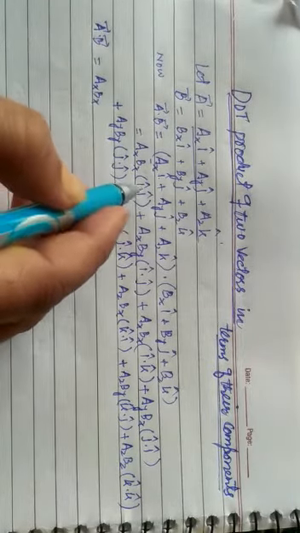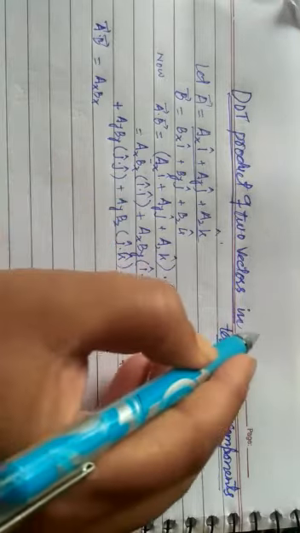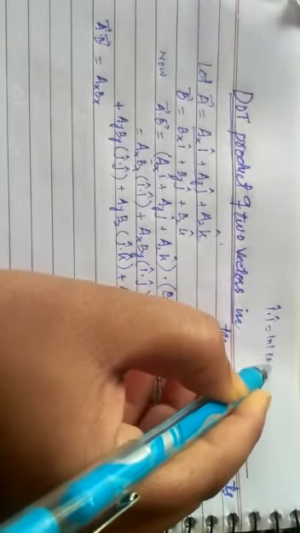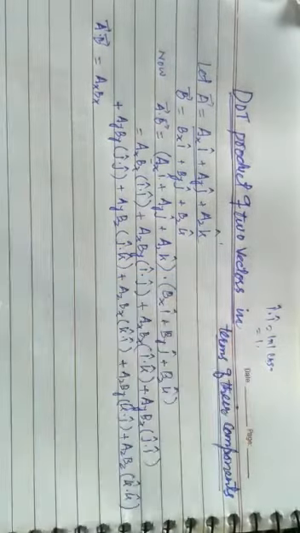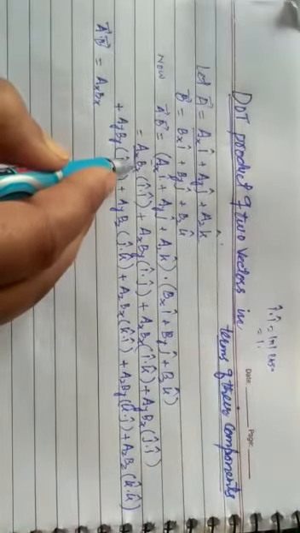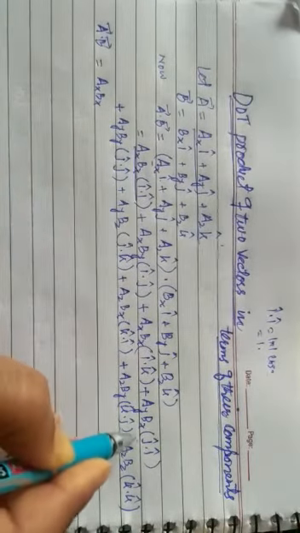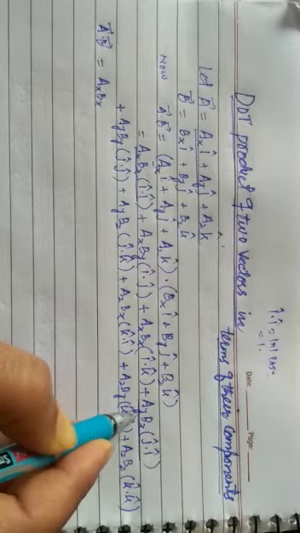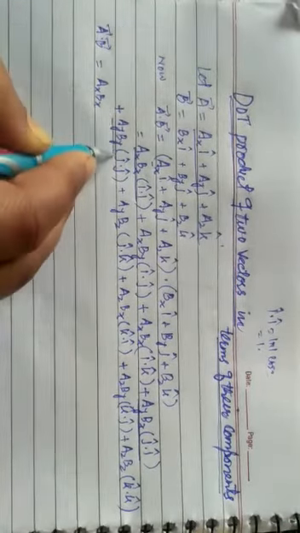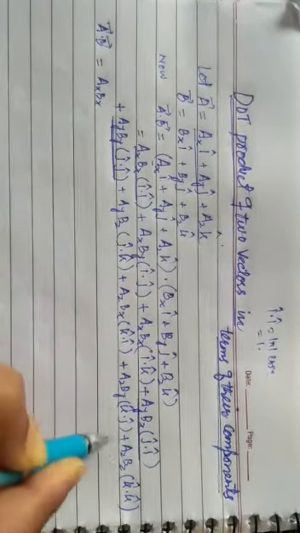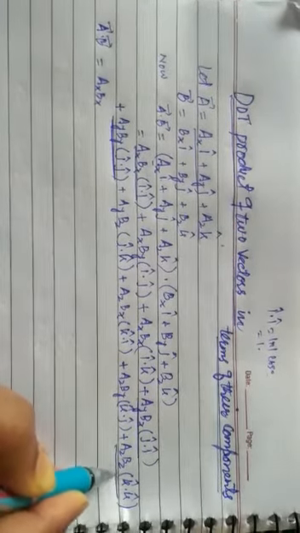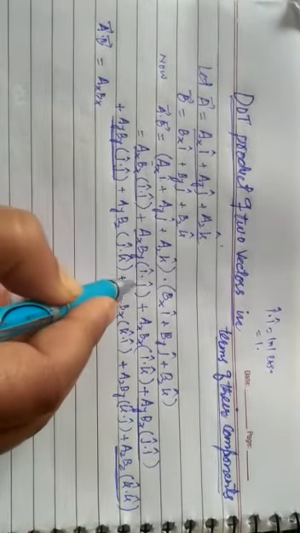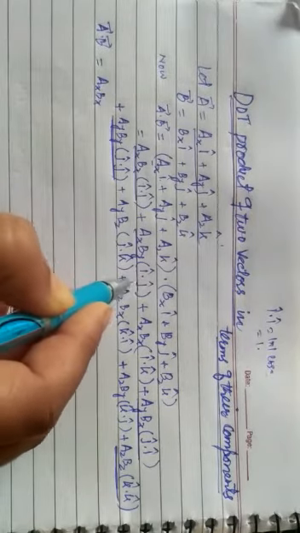Because it is 1 into 1 cos 0, and cos 0 is 1. Similarly j dot j is 1 and k dot k is 1. Listen carefully, the mixed terms vanish. Why do they become 0? Because i and j have an angle of 90 degrees.